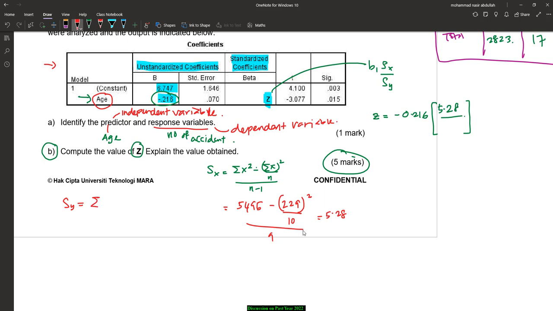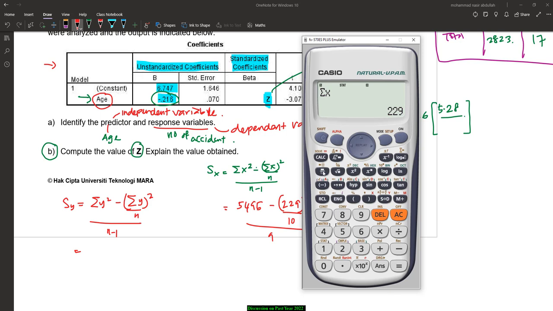So next is SY. So summation of Y squared minus summation of Y squared divided by N, everything divided by N minus 1. So this one should be number 3, Y squared is 3.